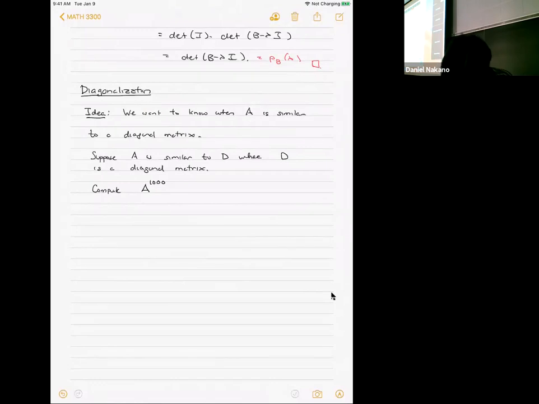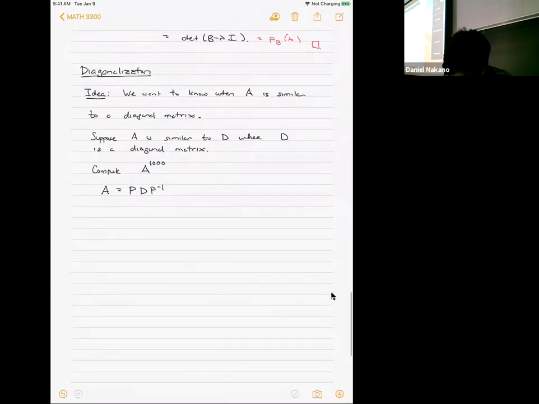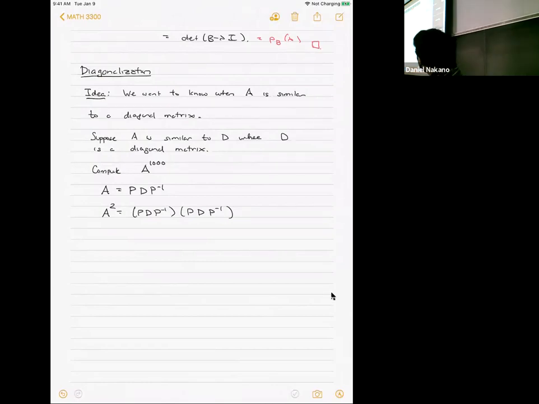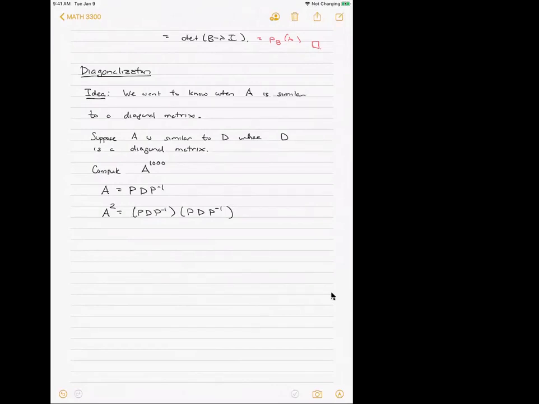So if I take A, which is going to be P D P inverse, what happens when I take A squared? This is P D P inverse P D P inverse. So what happens with the P inverse and the P? They make an identity.